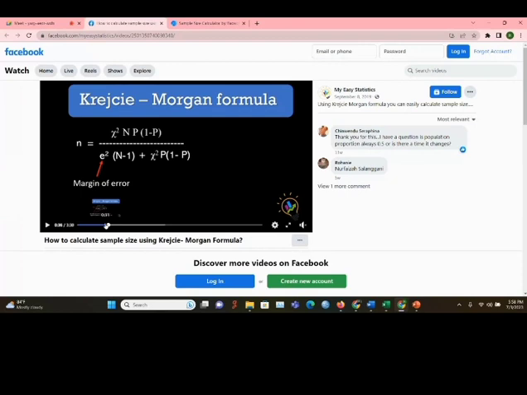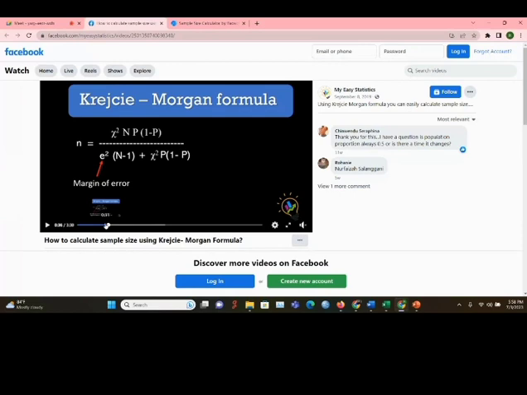The only thing you need to change in this equation is the capital N, the total number of the population, and the rest is fixed, standard or constant. So if we move forward, let's just see the numbers.